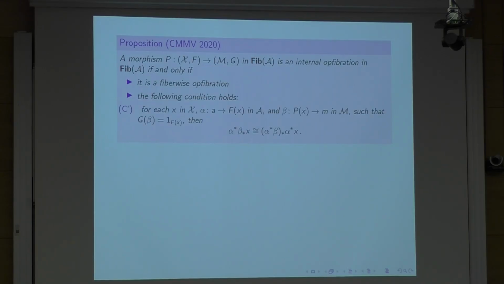For each x in X, a in A, beta in M, with this property, because we have to stay in a fiber over this element, then we have an isomorphism, like the isomorphism as before.